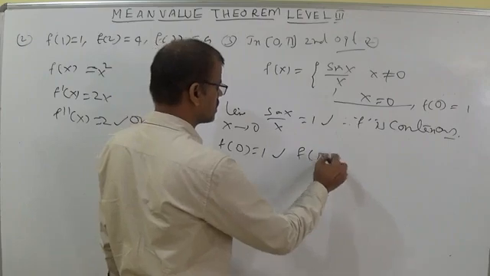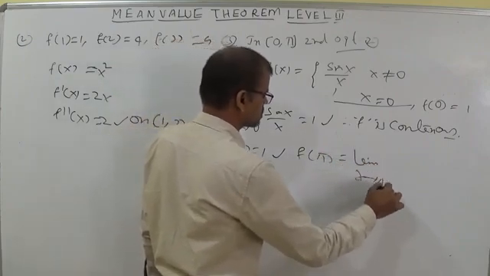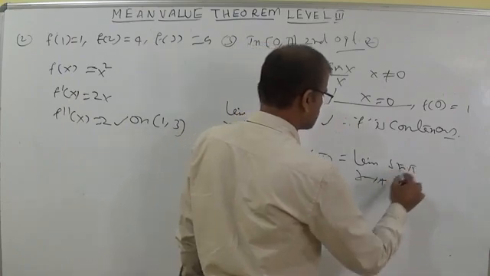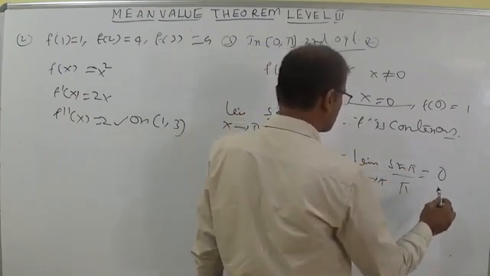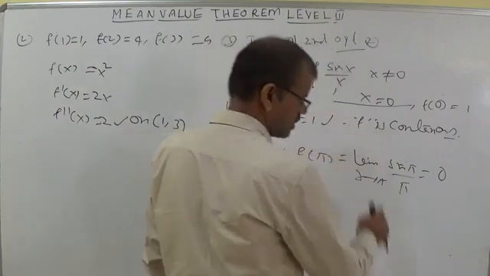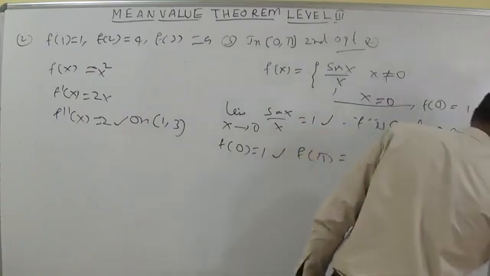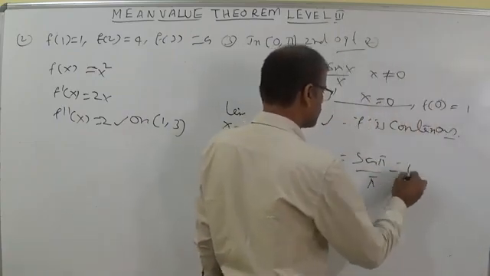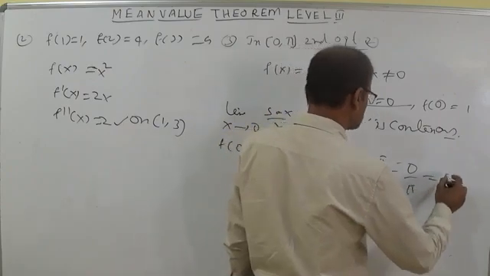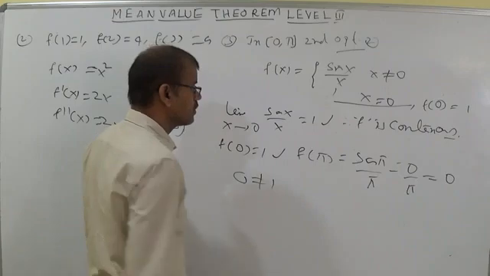What about f of pi? There is no question of a limit here, directly you can substitute. So f of pi, direct substitution, sin pi by pi, sin pi equal to 0, 0 by pi equal to 0, so 0 not equal to 1.